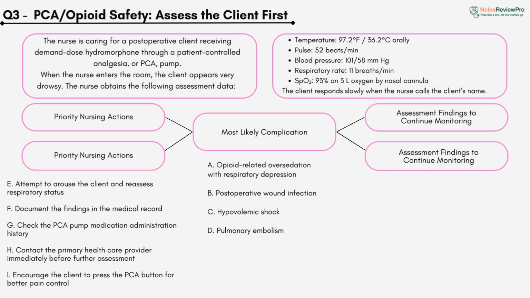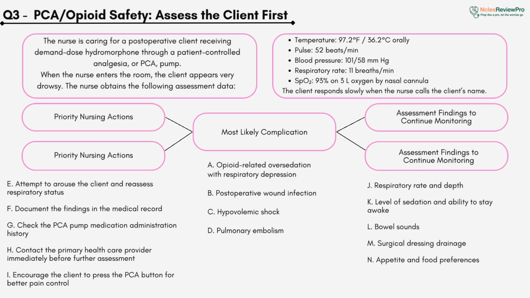Option I, encourage the client to press the PCA button for better pain control. For assessment findings to continue monitoring, the options are: Option J, respiratory rate and depth. Option K, level of sedation and ability to stay awake. Option L, bowel sounds. Option M, surgical dressing drainage. Option N, appetite and food preferences. Take a moment and think about your answer.